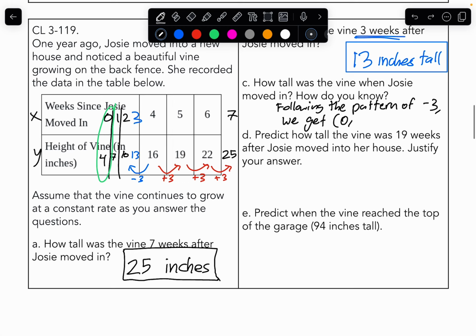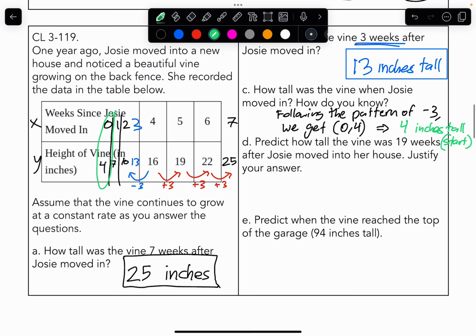Yeah, 0, comma 4. So therefore, it was 4 inches tall. I'm going to write down a little note here. That's the start. Okay. Next up is letter D.